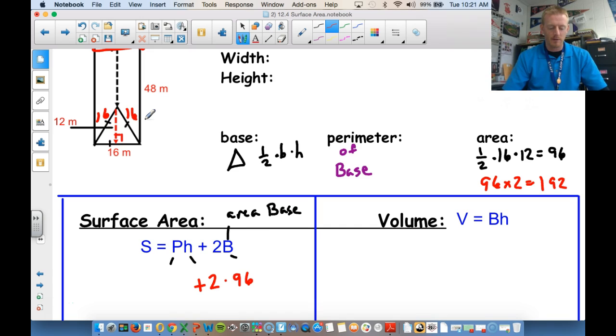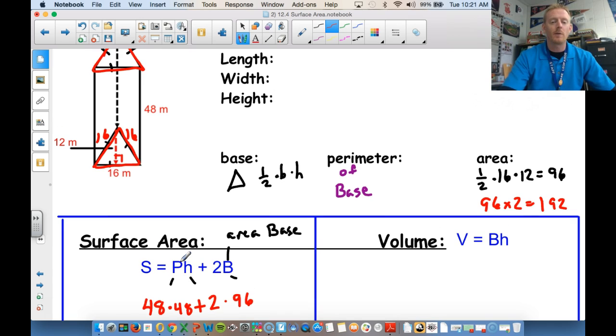So then the perimeter of the base is 16 plus 16 plus 16, or 16 times 3, and that's where this 48 that I'm writing down right now is coming from, the perimeter of the triangle. So we find the perimeter of the triangle, and then we multiply that by the height of the prism, which is also 48.